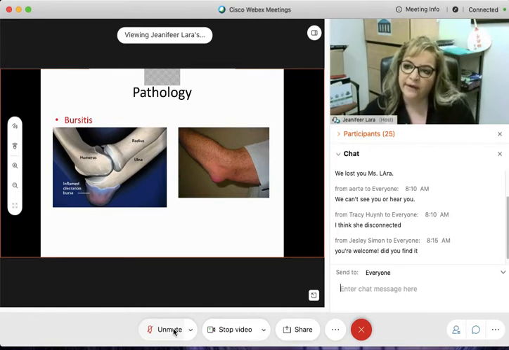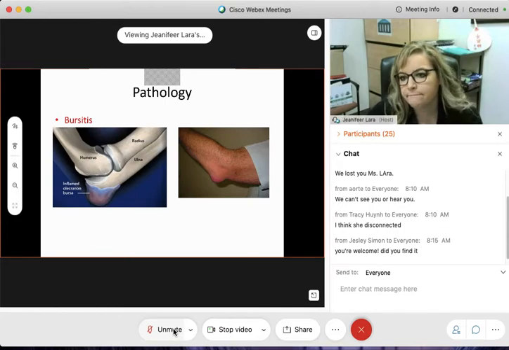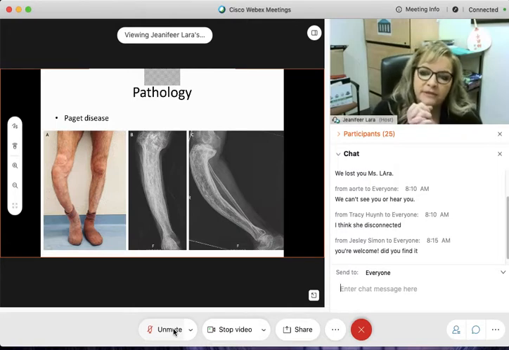Well, we first have to find out why we're having this. But most patients will have a syringe inserted by the radiologist or the physician to extract some of that fluid, so we can see what it looks like. So this is called bursitis. Any questions there? All right, Jolie, read to me what is Paget's disease.